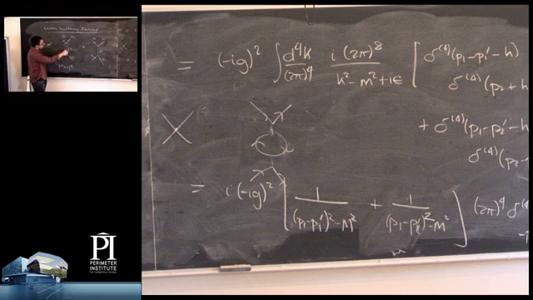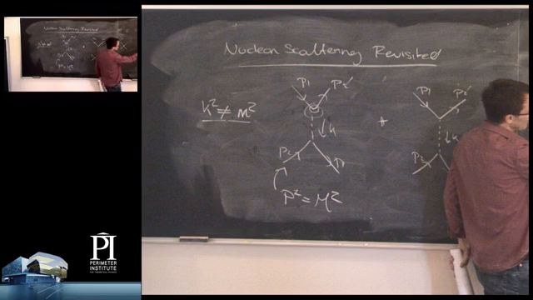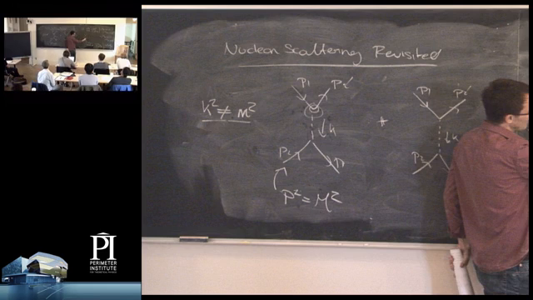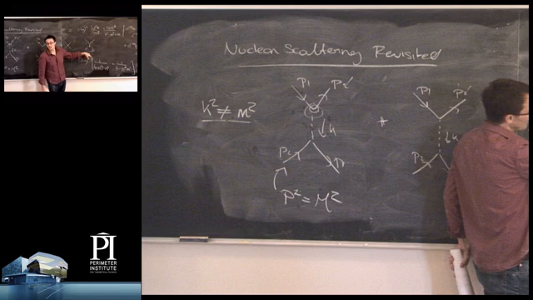Here we integrate over this momentum, but it's easy to do the integral because there's a delta function from this vertex, which tells us exactly what this momentum is. Here, you have to integrate over this momentum, this momentum, this momentum, and this momentum. There are two delta functions telling you what they are, but once you impose all the delta functions, there's one which is unconstrained. So there'll be an integral over one particular momentum, which is the momentum running in this loop here. And that integral will give infinity.